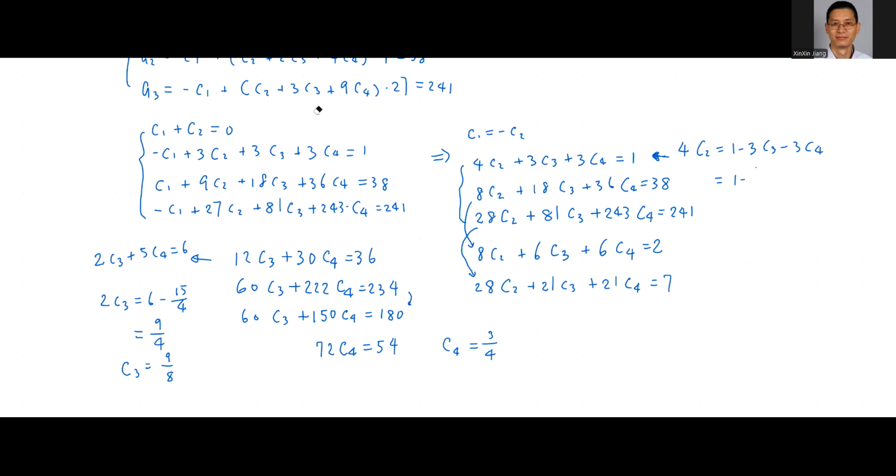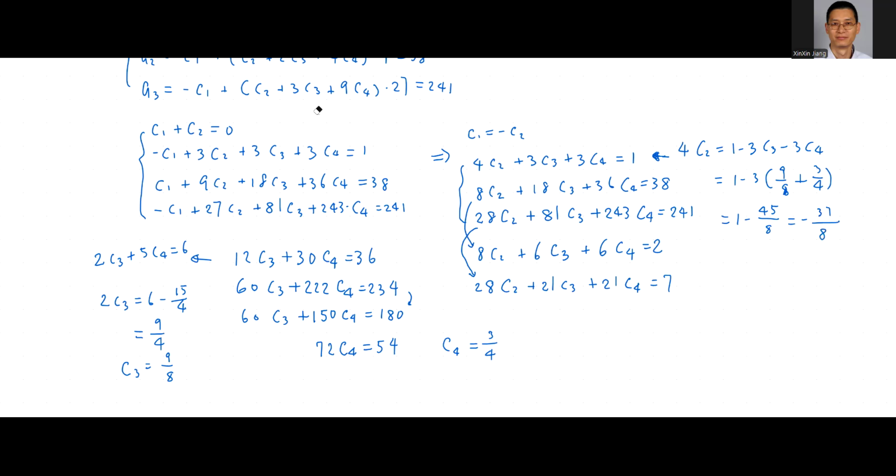Well, let's do a slightly different way: 3 times C3 plus C4, 9 over 8 plus 3 over 4. 3 over 4 is 6 over 8, so you have 15 over 8. 1 minus 3 times 15, 45 over 8, negative 37 over 8.